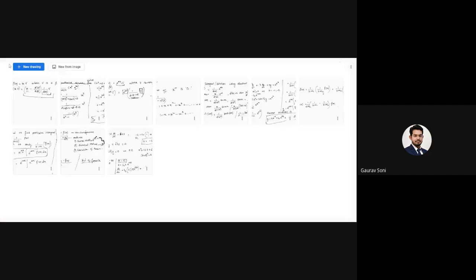Okay, so example. Find the particular integral for d2y by dx square plus 4y is equal to x sin x.